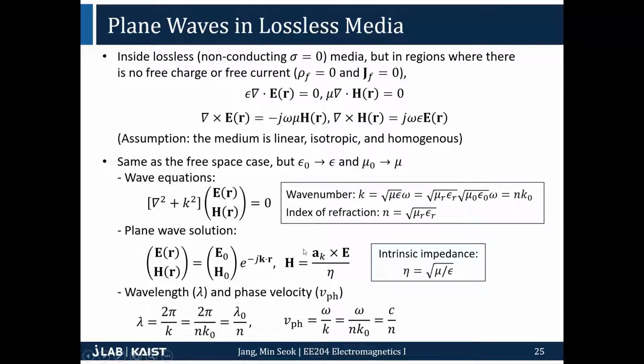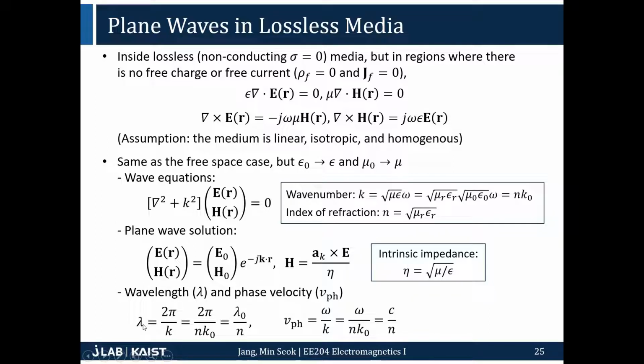And then also the impedance. Impedance is defined as the square root of mu over epsilon, and now mu is not mu naught and epsilon is not epsilon naught. So it can be different from the vacuum value, but that's the only difference. The mathematical form is exactly the same.